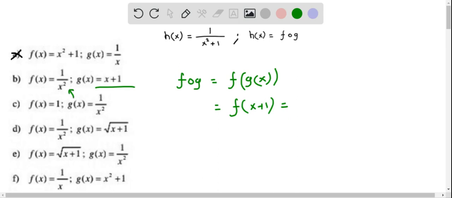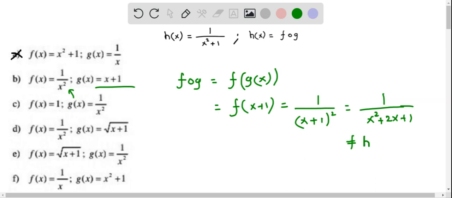So this becomes 1 over x plus 1 quantity squared. And when you expand this binomial in the denominator, you will get 1 over x squared plus 2x plus 1. And clearly this is not equal to h of x. So we see that choice B is not correct.